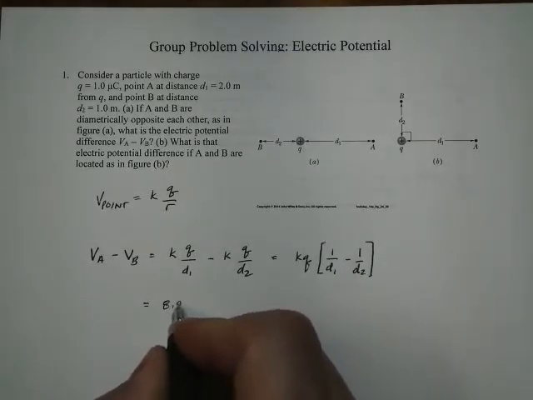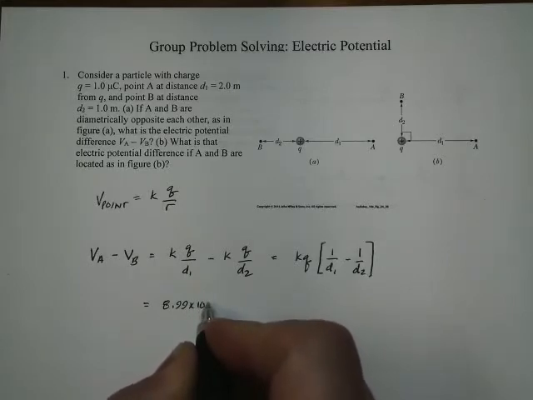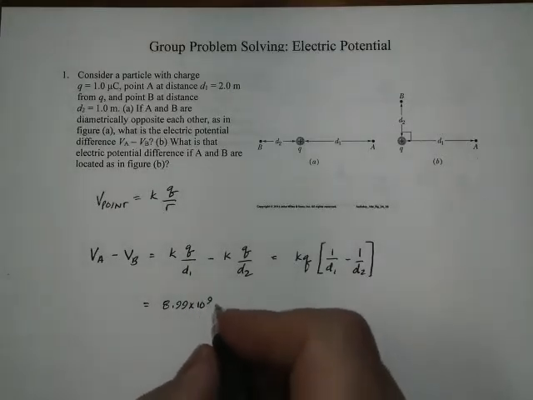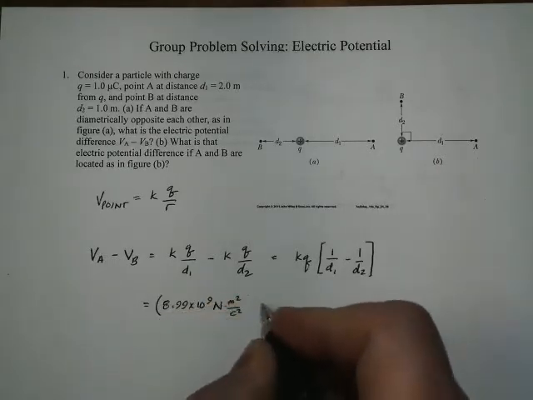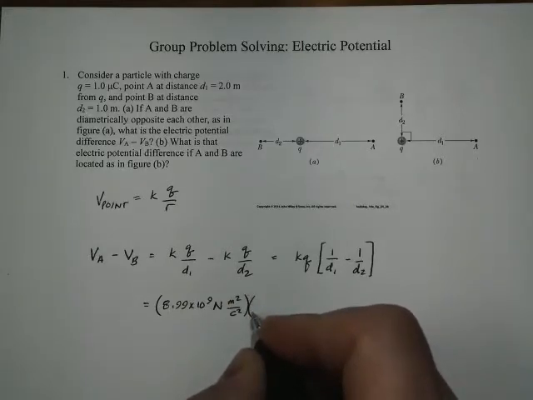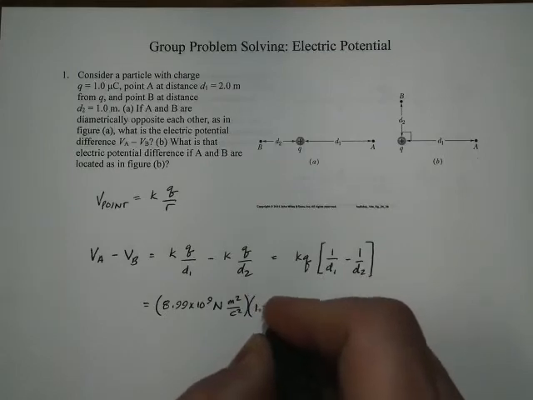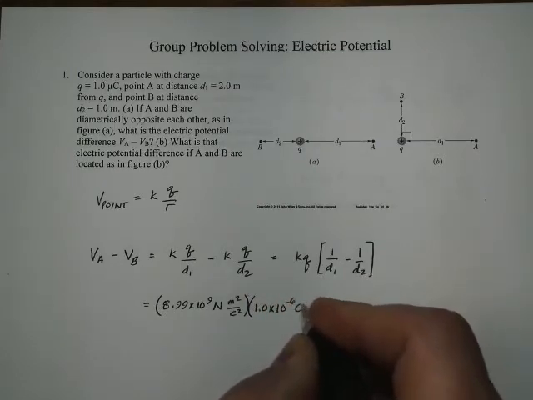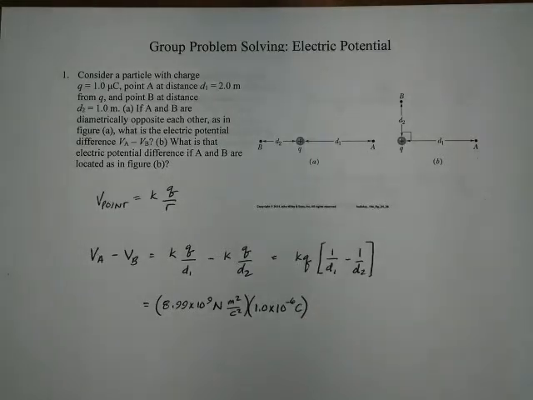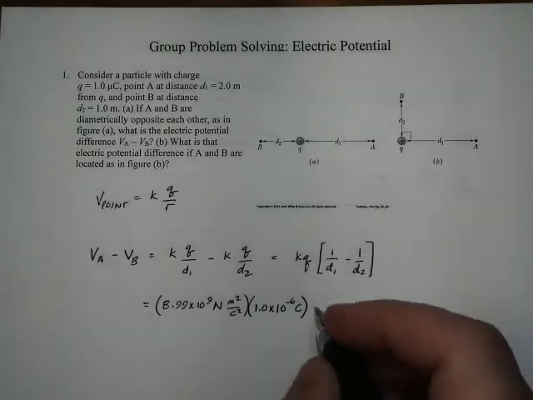K is 8.99 times 10 to the 9th, though I think Mastering Physics uses 9 times 10 to the 9th, Newton meters squared per coulomb squared. The charge is 1.0 times 10 to the negative 6 coulombs.